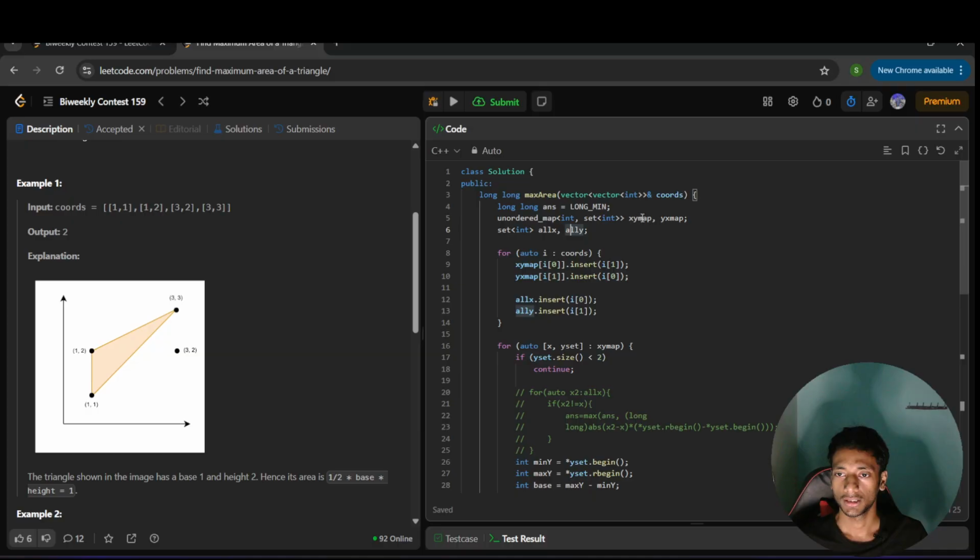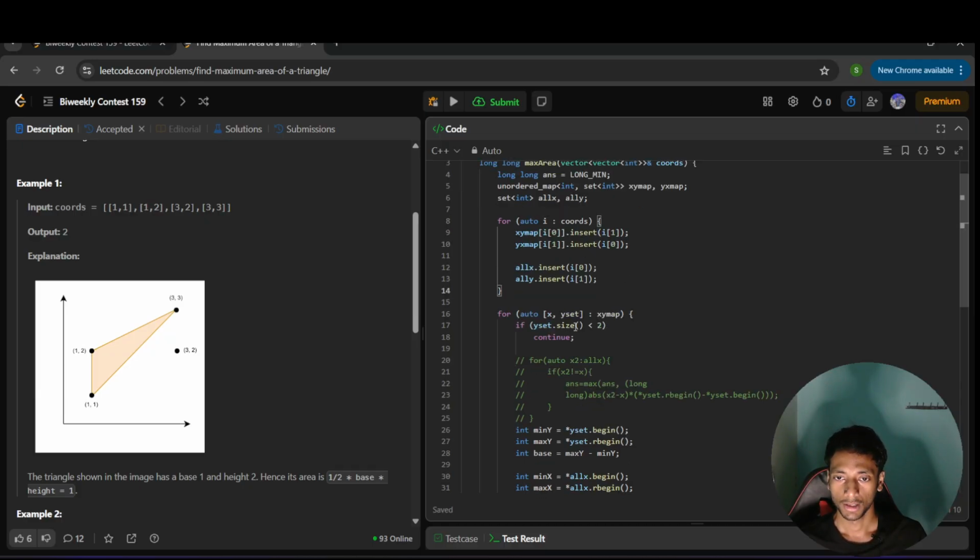So I'm iterating over the input vector of coordinates, and in the xy map I'm storing the y value against the key, which is the x value. Similarly in the yx map, against the y value I am storing the current x position, correct? In the all-x set I am storing the current x coordinate, and similarly in the all-y set I am storing the y coordinate.